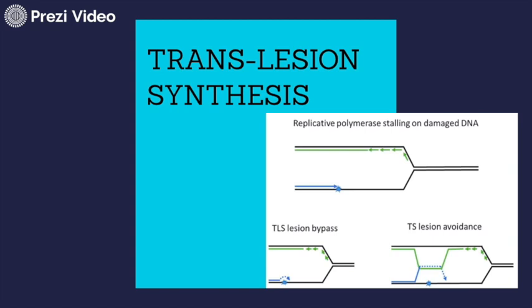In fact, this translesion synthesis is not a process which is involved in repairing the DNA as such. It is almost a mechanism by the help of which you can bypass a damage. Now, again, translesion synthesis can be of two types.